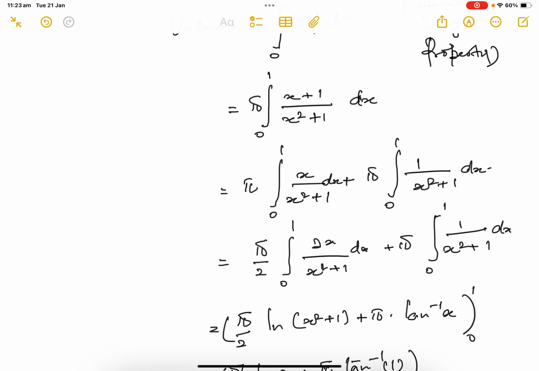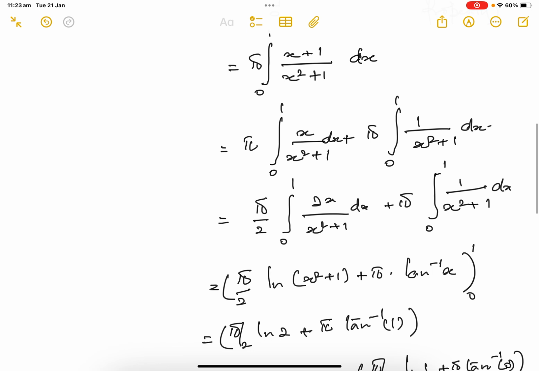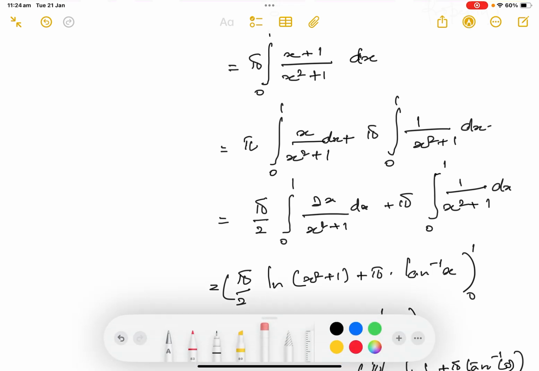Now we can separate this quotient function. π times the integral from 0 to 1 of x over (x squared plus 1) dx, plus π times the integral from 0 to 1 of 1 over (x squared plus 1) dx. If you look at the first one, we can manage to get the differentiation of the denominator in the numerator. Let me write it down.